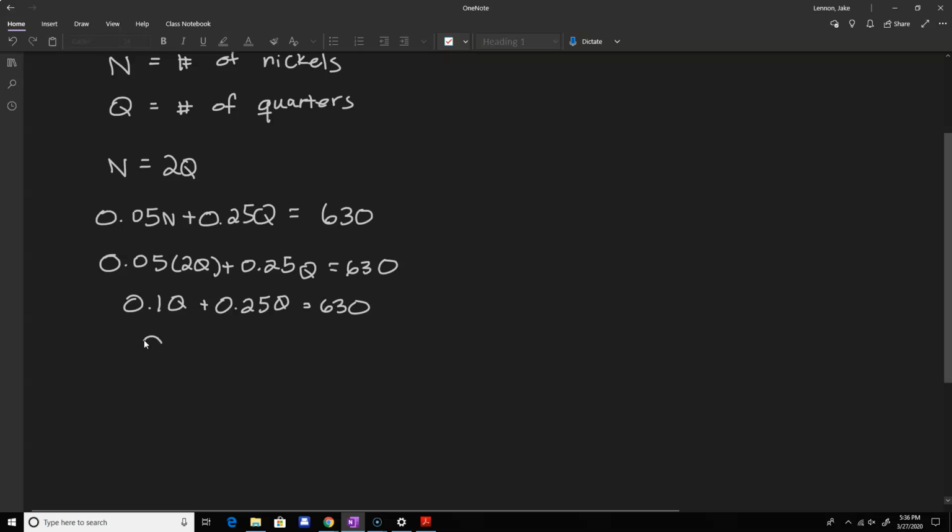So we end up with 0.35q that equals 630. And since we're multiplying q by 0.35, we divide by 0.35, and we end up with our number of quarters.